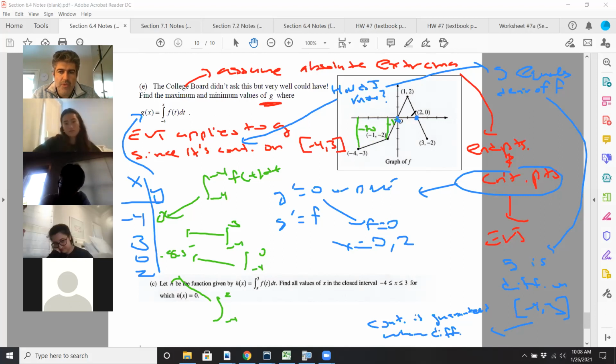If you go up to 2, this area is going to be base of 2, height of 2, that area is going to be 2. So it'll be -6.5. And if I go to 3, it's a little sliver right here, which is an area of -1. So if I add all that up, -7.5, -1, 2, and -1, I get -7.5.